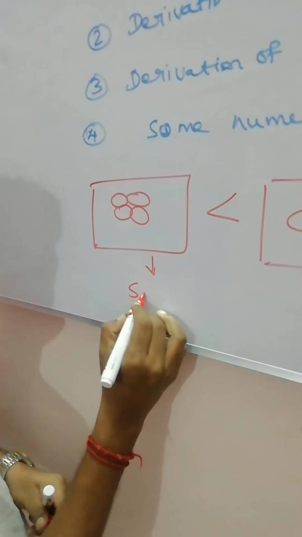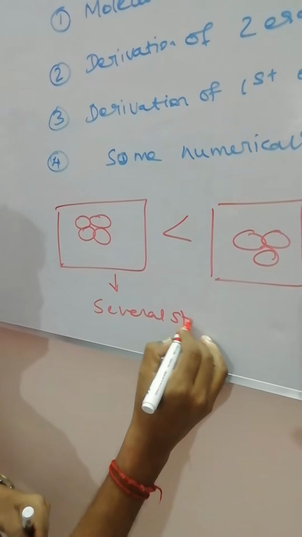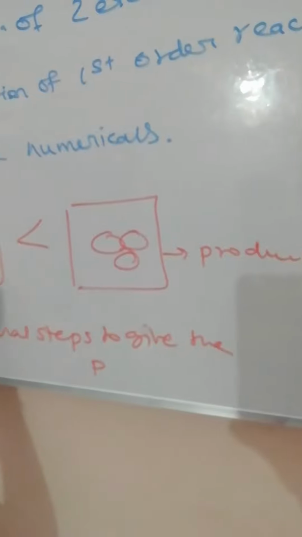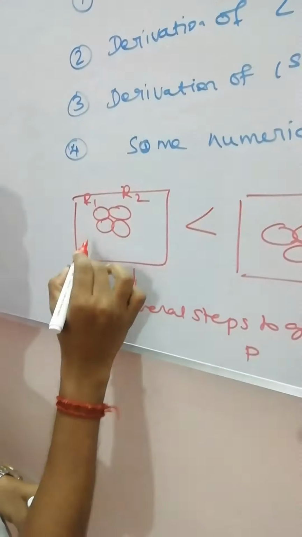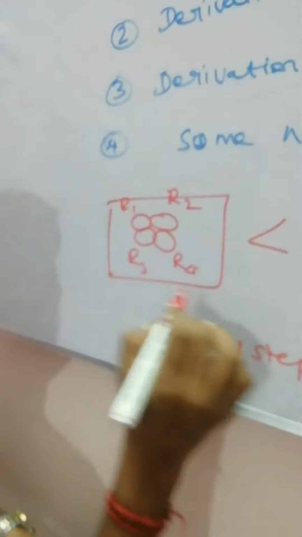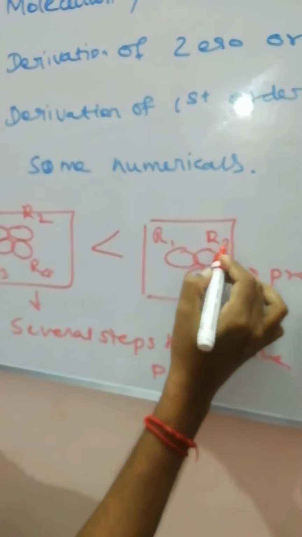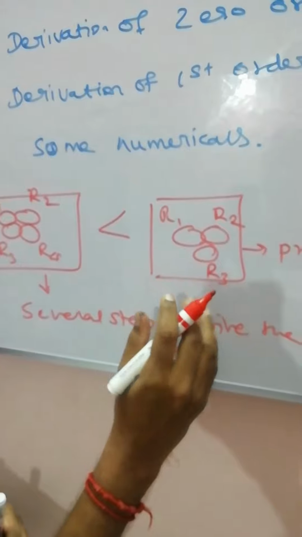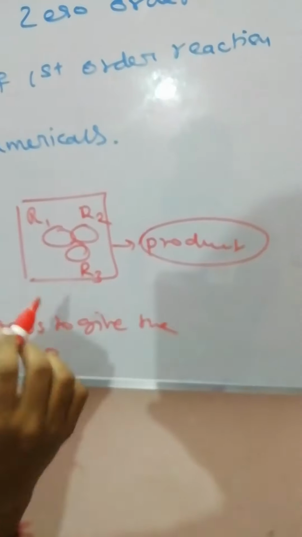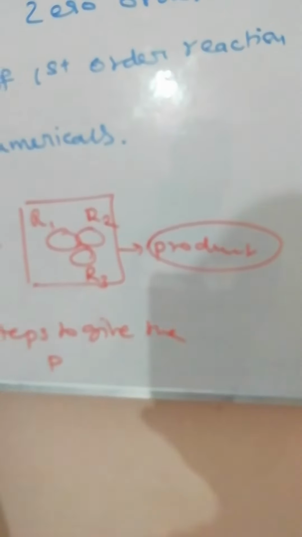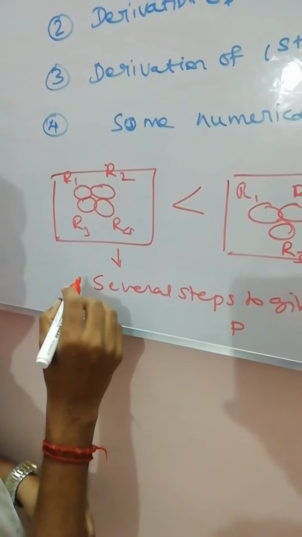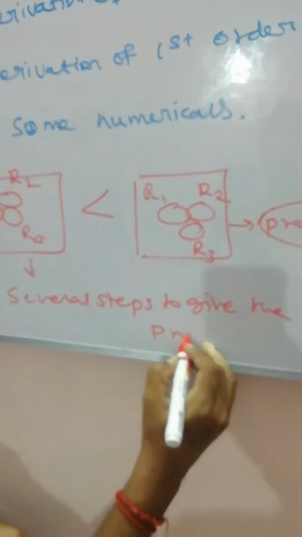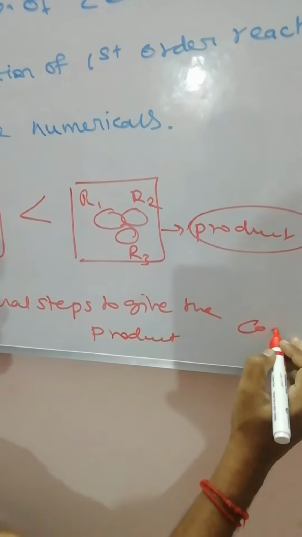It will need several steps to give the product. Up to 3 reactants, product can be easily formed in a single step, elementary. But with more than 3, the reactants undergo several steps to give the product. These are called complex reactions.